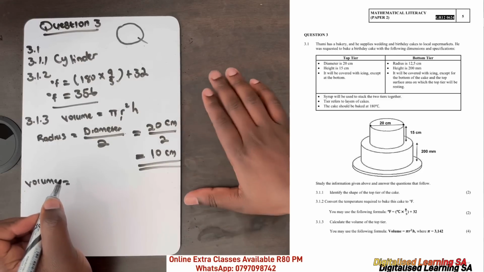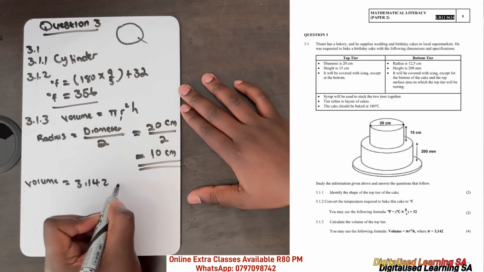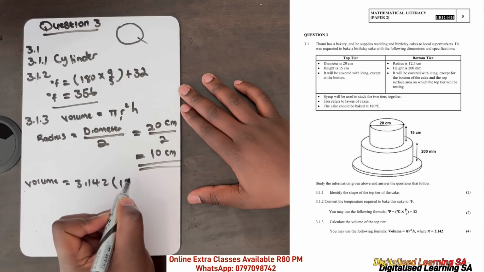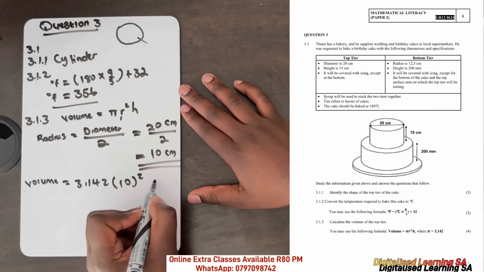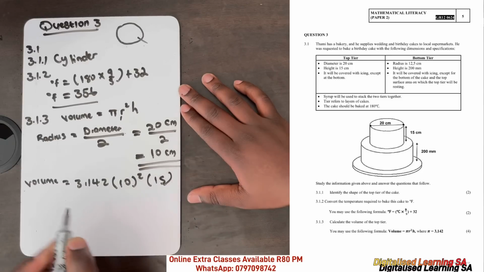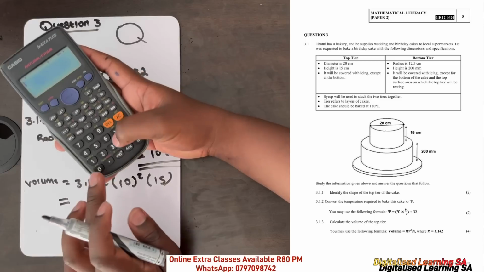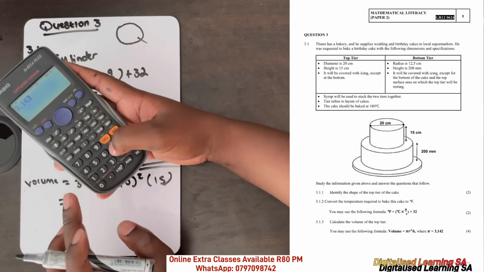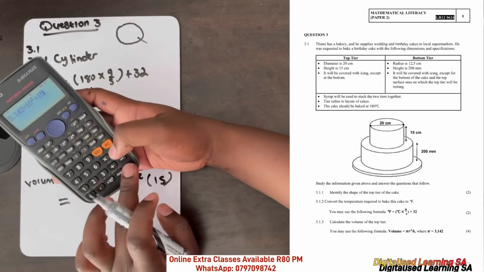So our volume will be pi, which is 3.142, multiplied by our r, which is 10 squared, and then multiplied again by our height, which is 15. So our volume will be 3.142 multiplied by 10 to the power 2 multiplied by 15.